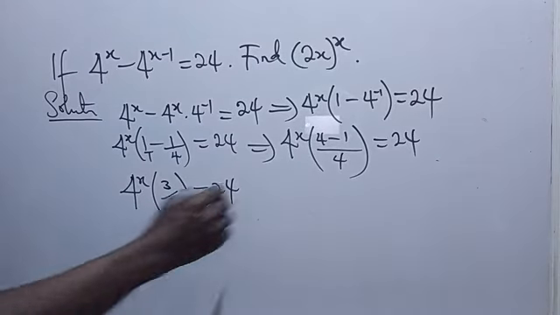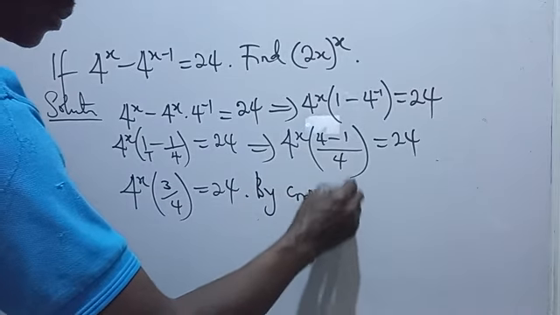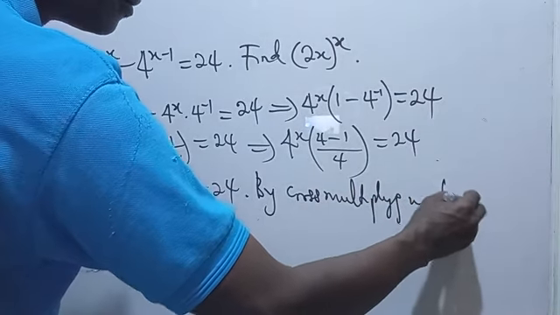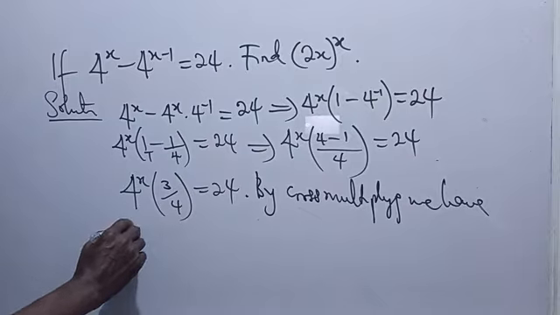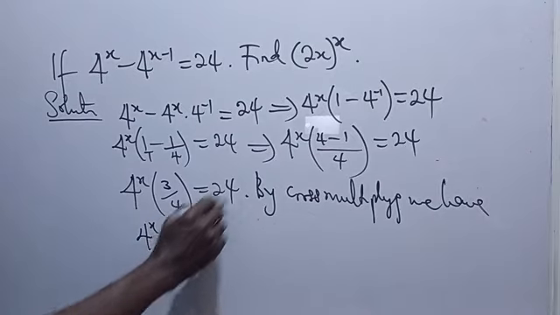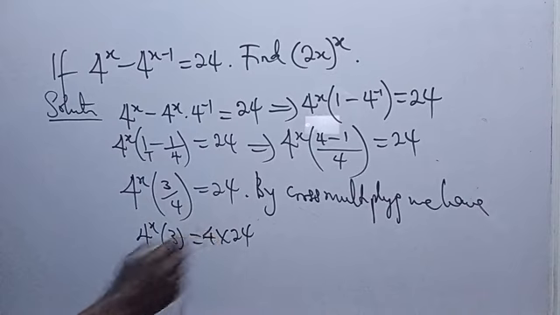So if we cross multiply, we have 4 raised to power x times 3 is equal to 4 times 24. I hope that is clear.